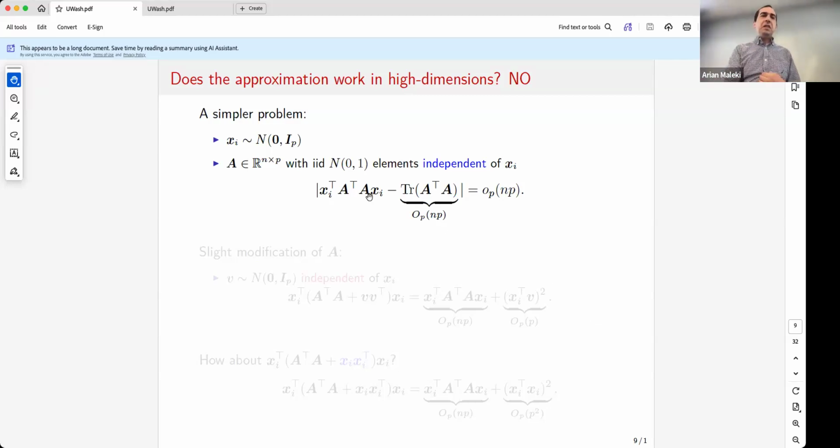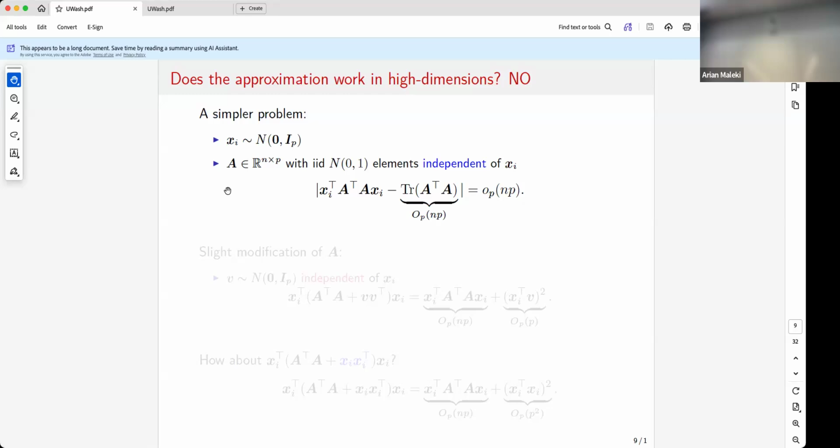Let's say xi is an independent Gaussian vector, and the elements of A are also i.i.d. Gaussian, just a matrix, and then I'm calculating xi transpose A xi. So this is just a quantity. It's different from our previous problem, but as you will see, it's quite close.